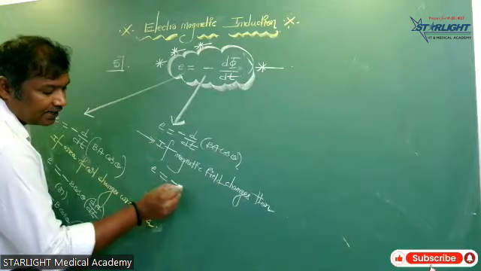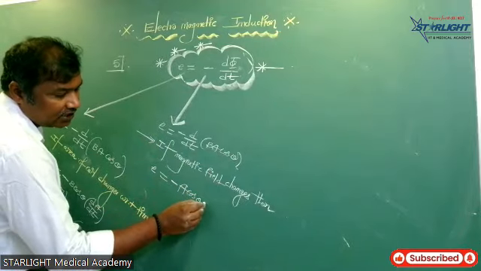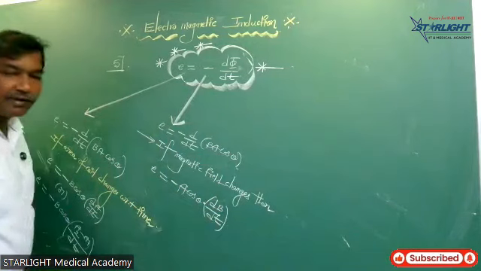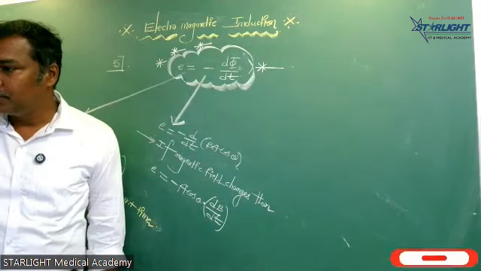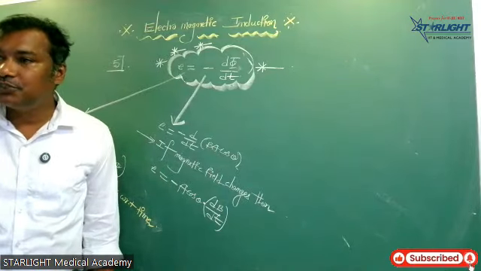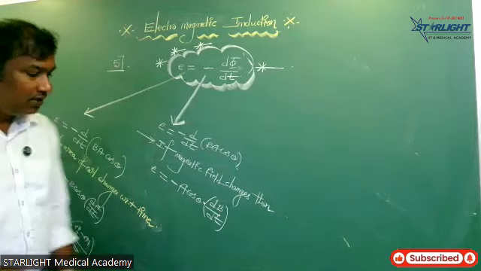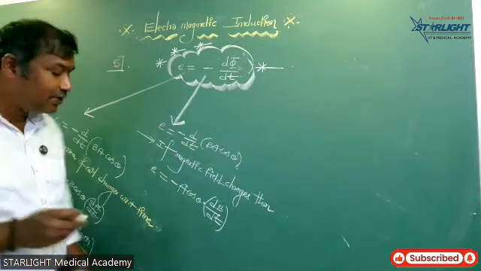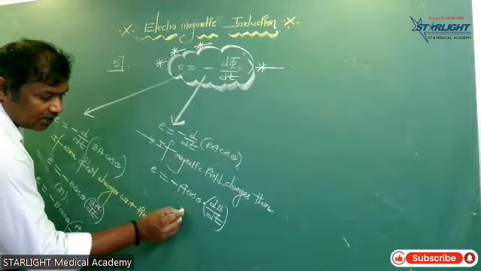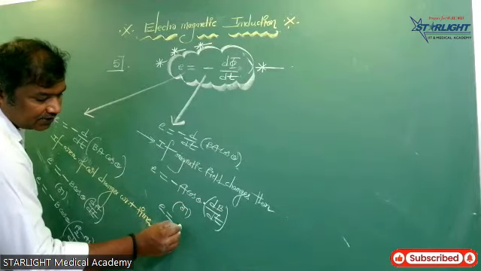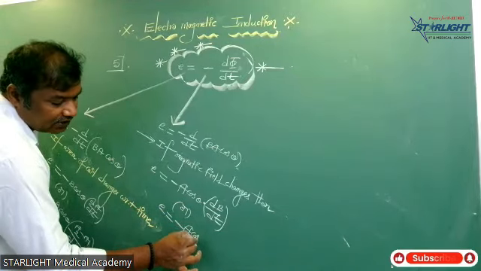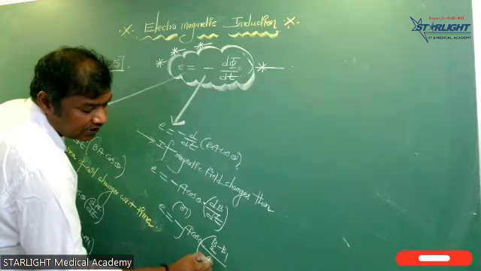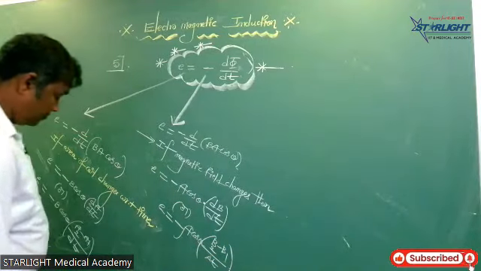A cos theta: minus A cos theta dB by dt. Changing magnetic field also creates induced EMF. Changing area of the coil also creates induced EMF. If the magnetic field changes from B1 to B2, how can we write it? Induced EMF is equal to minus A cos theta (B2 minus B1) upon delta t. No problem, we can write either.